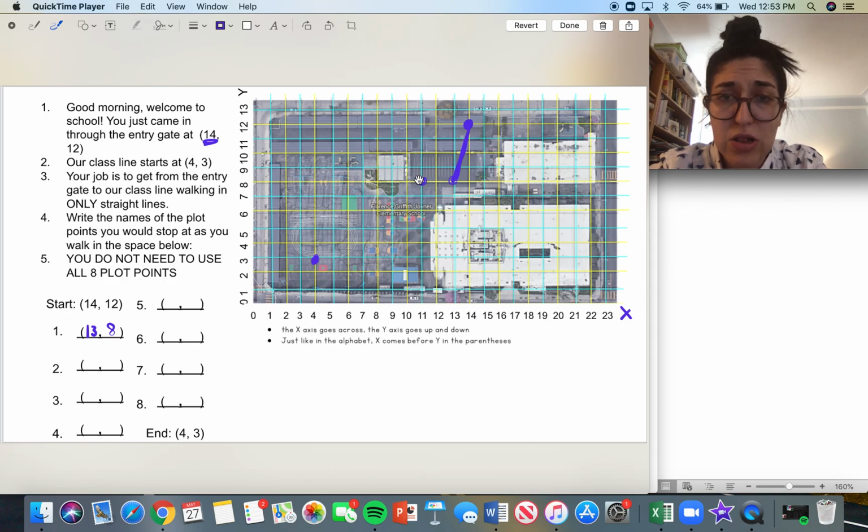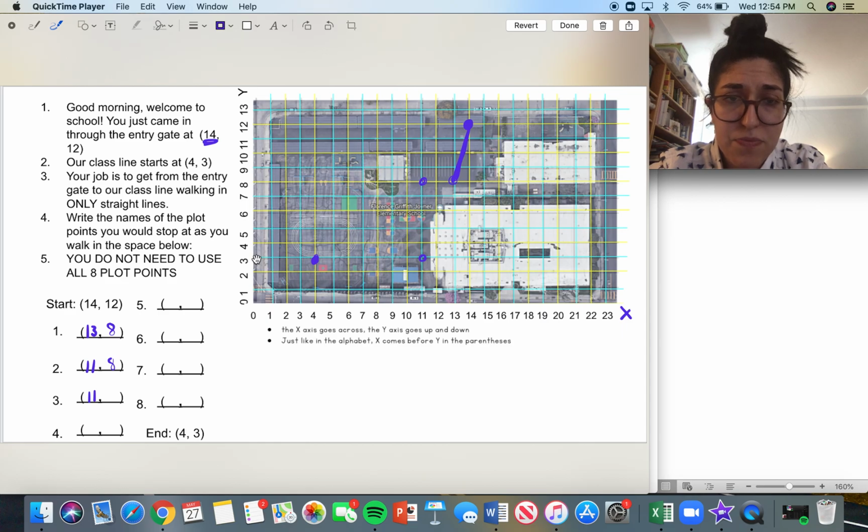Now I'm at 11 across, so I'm going to say 11, and I'm still at 8 up and down. My y-coordinate is still 8. Now let's say I go down this way. What would my new x-coordinate be? It would still be 11, because I'm still 11 away from the start.